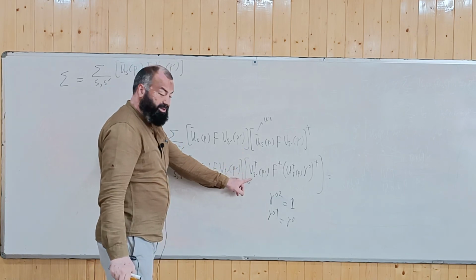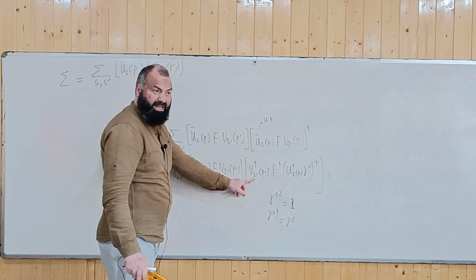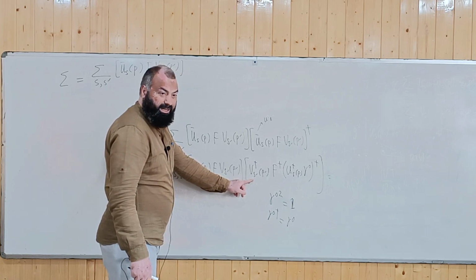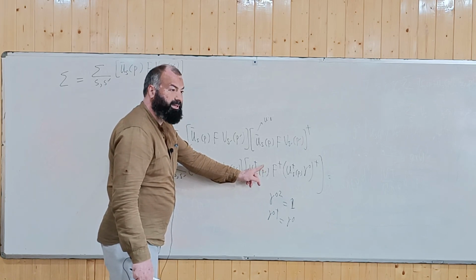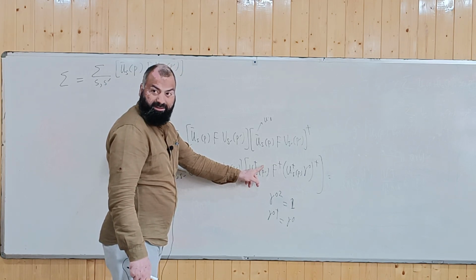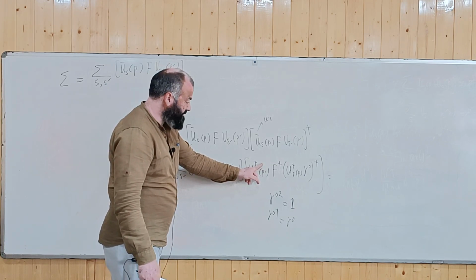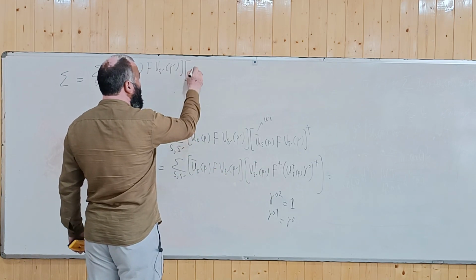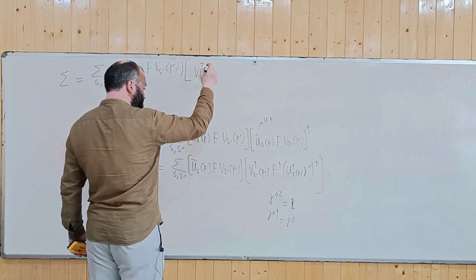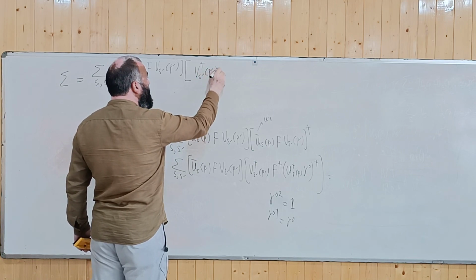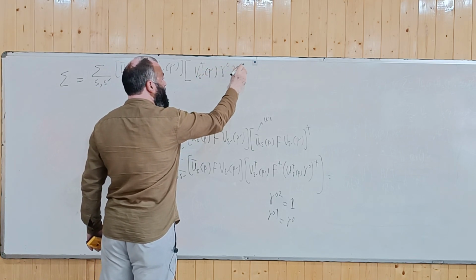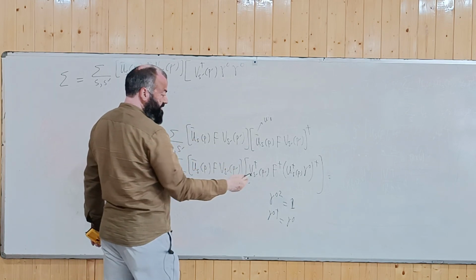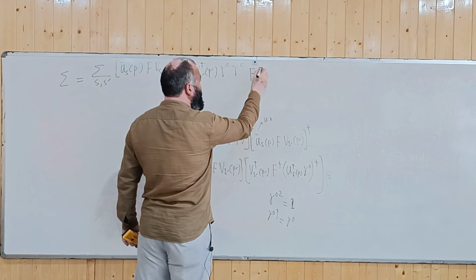Now look here, you have a v dagger. I want to make it a v bar, so I need to multiply it by gamma naught. I will multiply by gamma naught and use this very identity. So you have v dagger_s'(p'), use gamma naught. Gamma naught squared is identity, it doesn't matter. Then you have this F dagger.